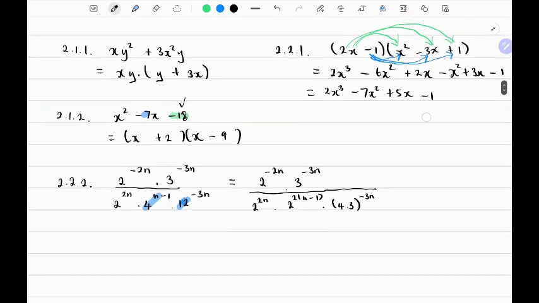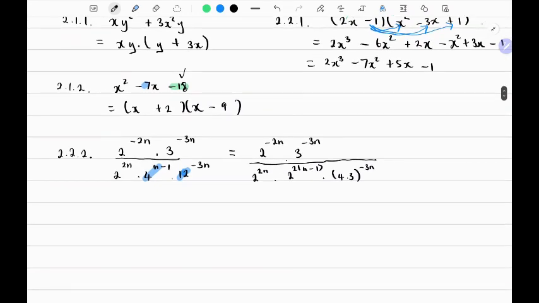Right? So we can simplify this. We can write this as 2 to the power of 2n minus 2 times, and we can bring the exponent inside and raise each of the bases. So we can write that as 4 to the power of negative 3n times 3 to the power of negative 3n.